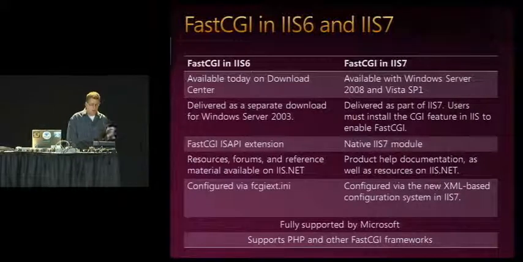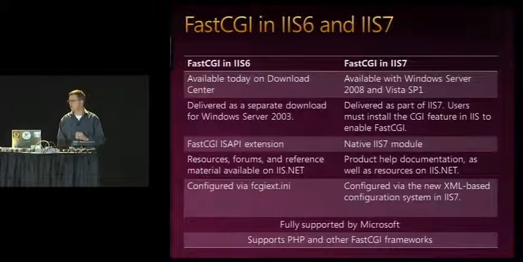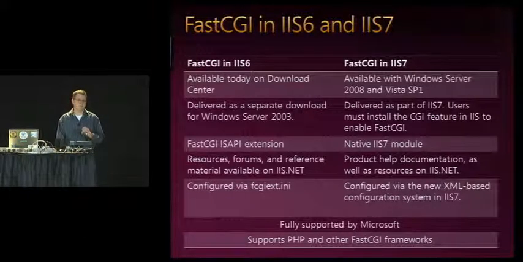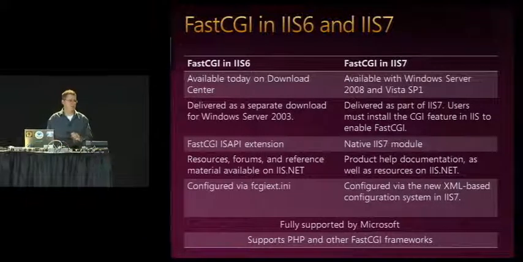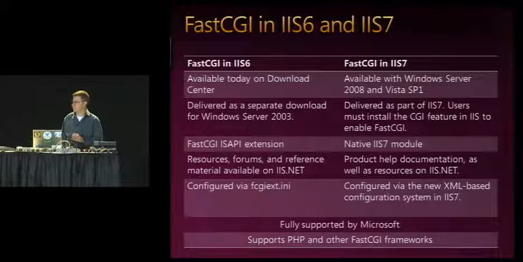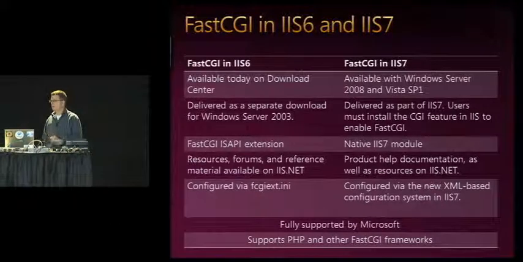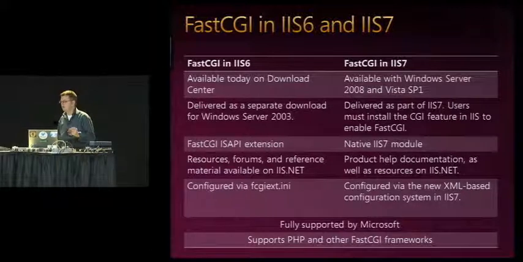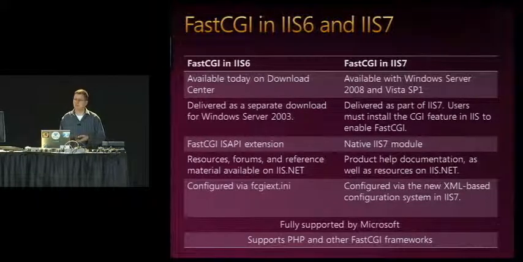There are two differences in configuration for the two products, but we won't worry about that right now. The important thing here at the bottom is that both of these are fully supported by Microsoft. So if you run into an issue with FastCGI in your environment, you will get support from Microsoft. And finally, I'm just noting that we wrote FastCGI really with PHP developers in mind, but this is an open protocol and it works with any application platform that implements FastCGI.